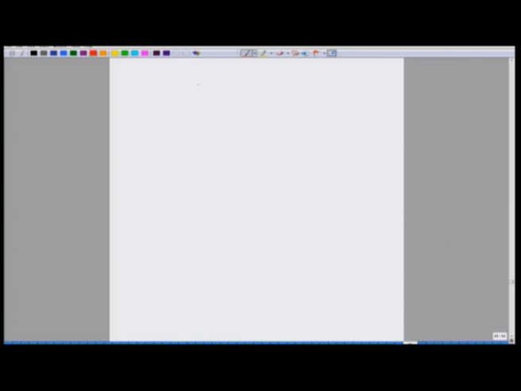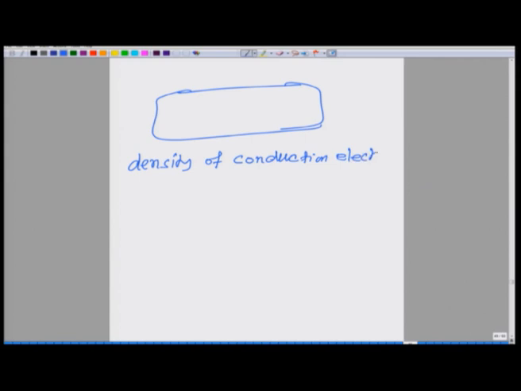So, if you have this wire, and in this wire you have these electrons, conduction electrons, and let us say the density of conduction electrons, density means number density of conduction electrons is n.